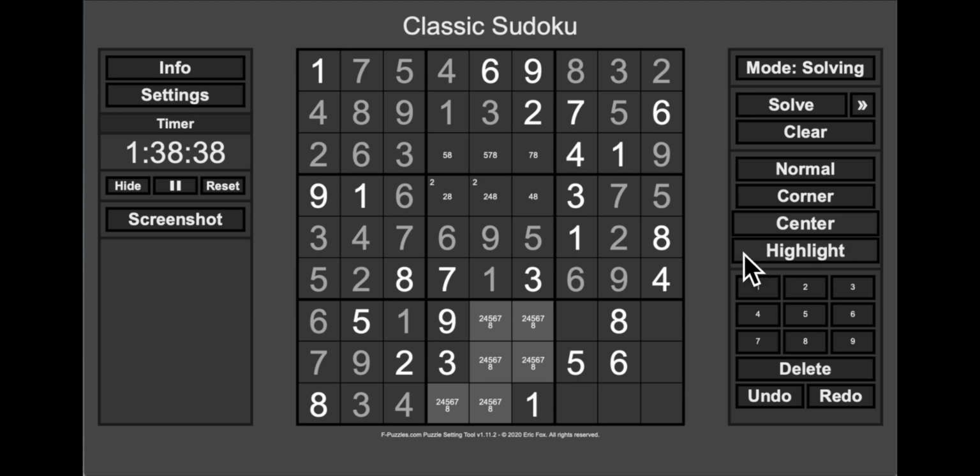Now, these ones aren't 8 or 4. So these would be 2, 5, 6, and 7. Well, this one also can't be 6 or 7. This one can't be 6.